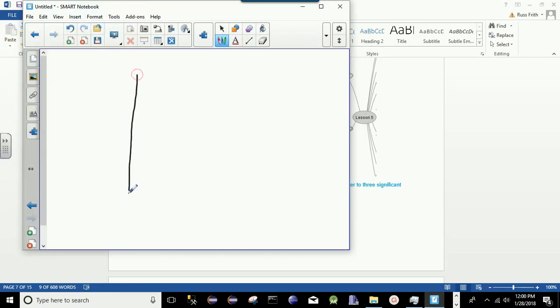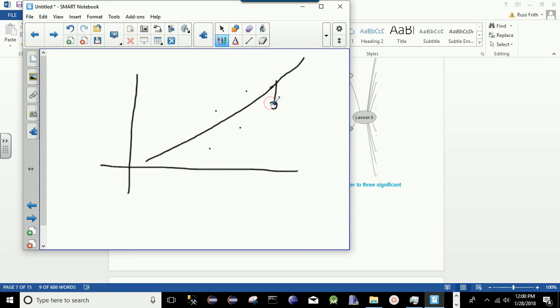Suppose we have our regression line, and our actual data are like this. We want to find the distance from this point to the line, and we call that D1. The distance from this point to the line, we call D2.